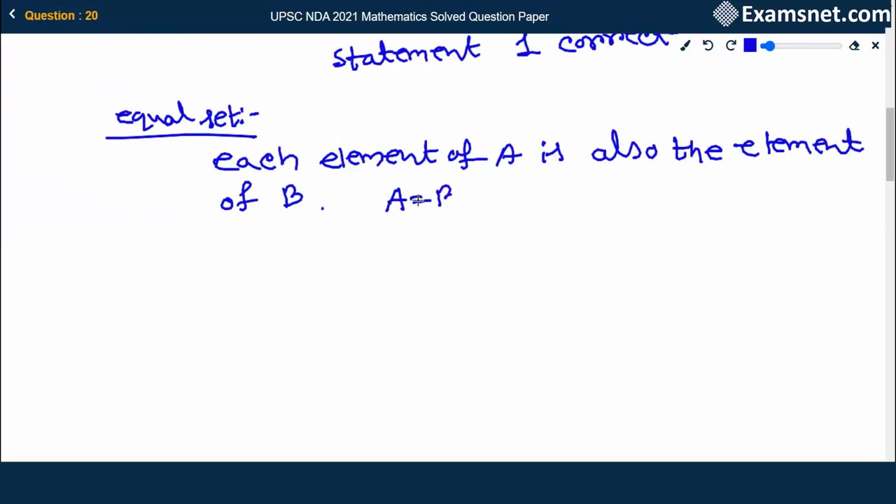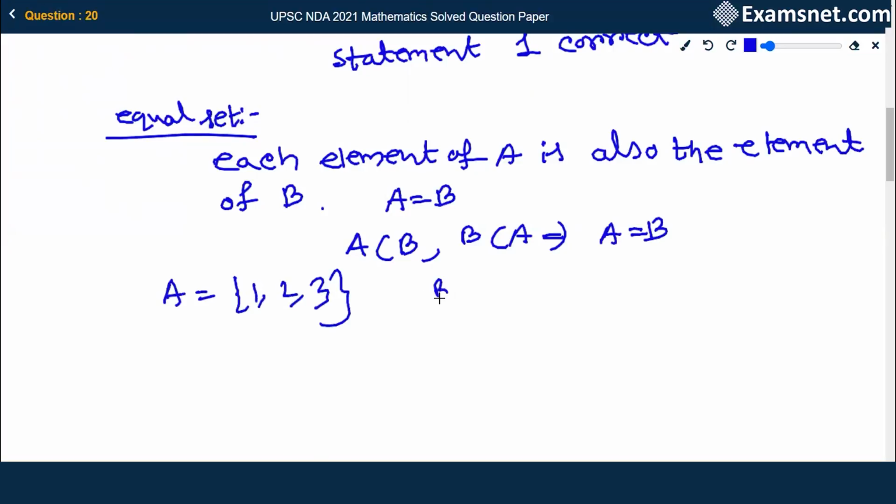Equal set means A equals B. So if A is a subset of B and B is a subset of A, that implies A equals B. Like I'm telling you, A equals 1, 2, 3. Also, B equals 1, 2, 3. That means each element of A is equal to each element of B. So here A and B are called equal sets. So we can say A equals B. Also, since they're equal sets, A is a subset of B and vice versa, B is a subset of A.